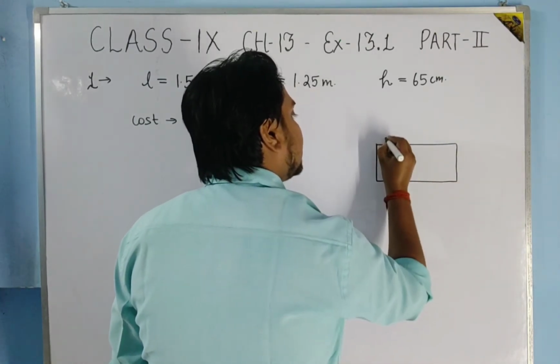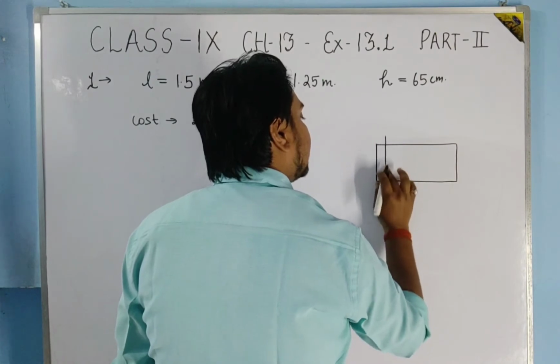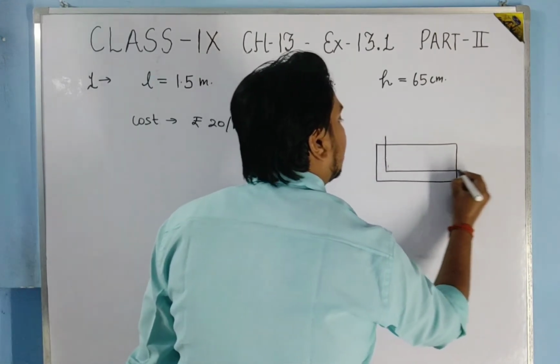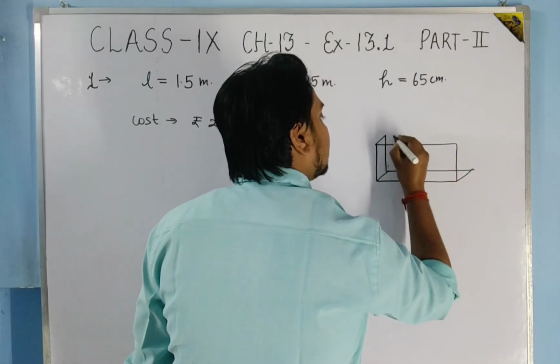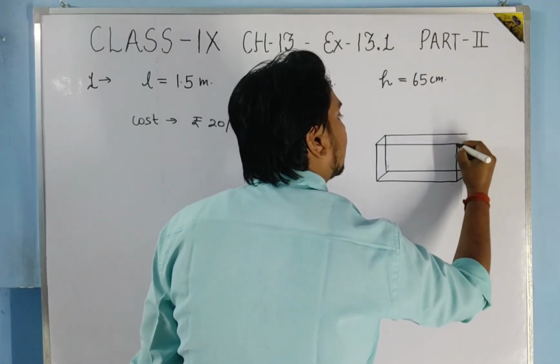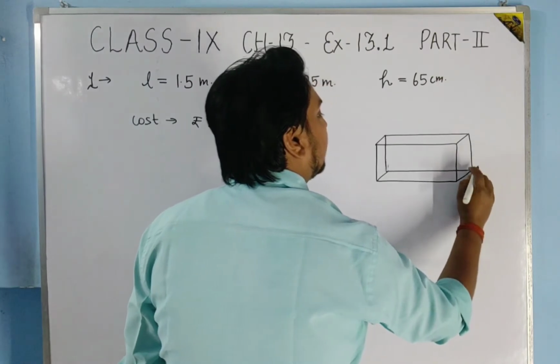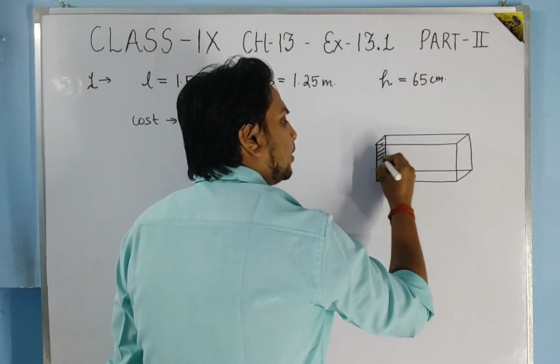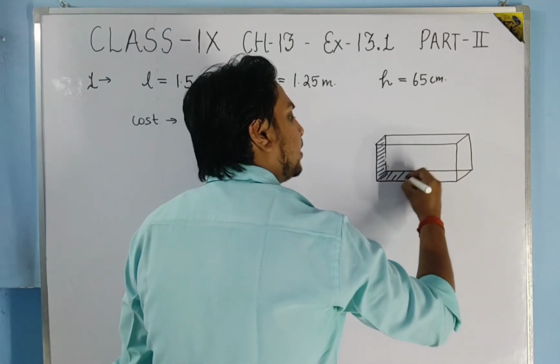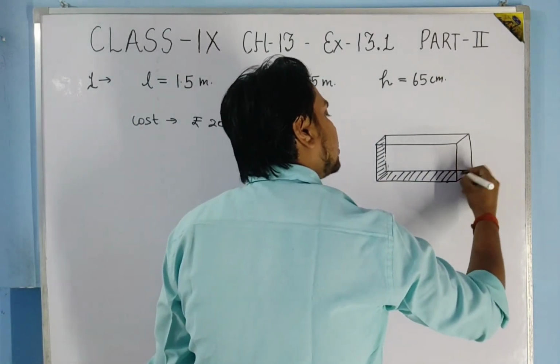In the figure, this box is open from the top. So how many walls will be there in this box?